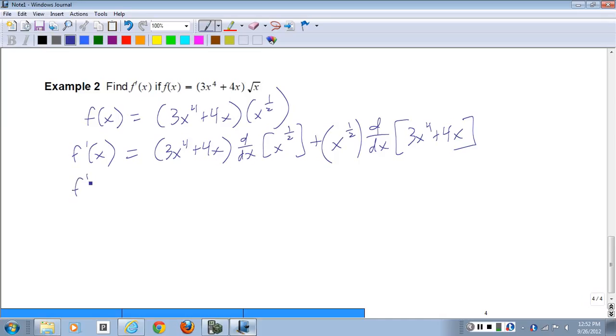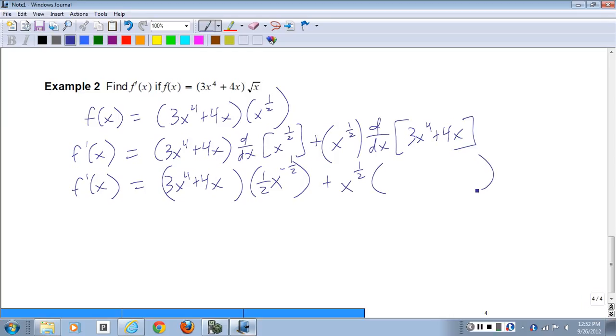F prime of x equals 3x to the fourth plus 4x times, oh, how do we take the derivative of x to the 1/2? 1/2 x to the negative 1/2. And we may need to deal with that negative exponent a little bit, but we'll wait on that. Plus x to the 1/2 times, just a polynomial here, 12x cubed plus 4.